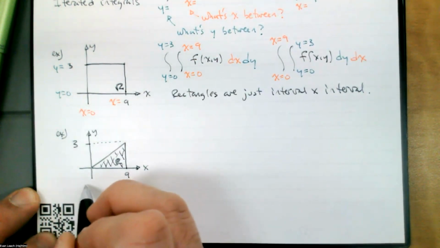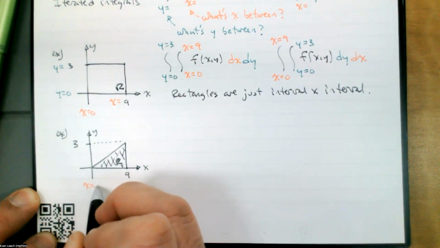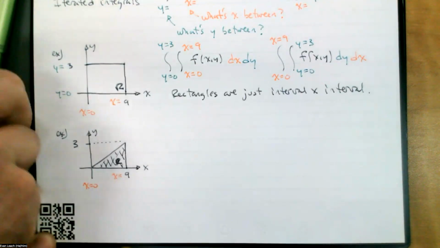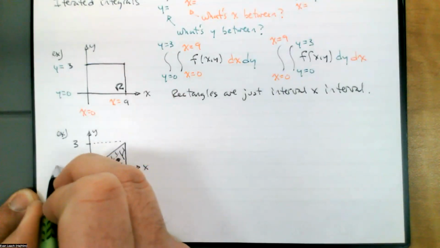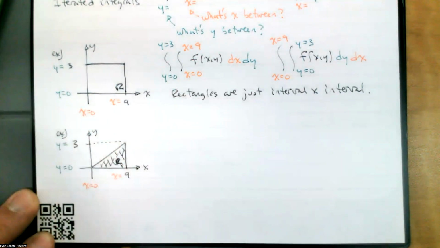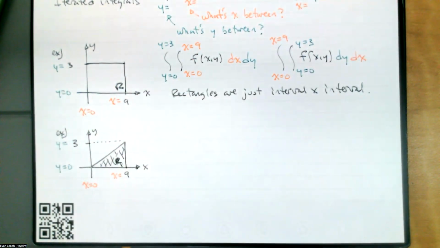So when we go from left to right, we can see that the lowest x value is 0 and the highest x value is 9. And we're still sitting inside the same rectangle we had in the previous problem, from 0 to 9 and from 0 to 3. But for all x values, we don't want all the y values from 0 to 3. At a given x value, we only want some of the y values.